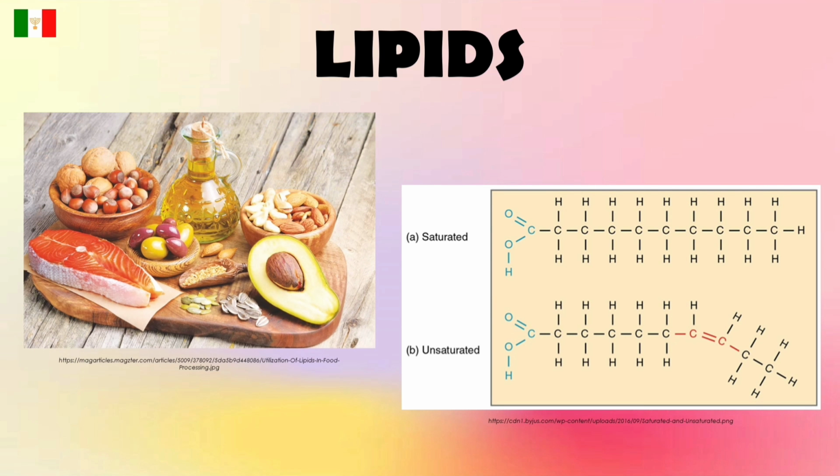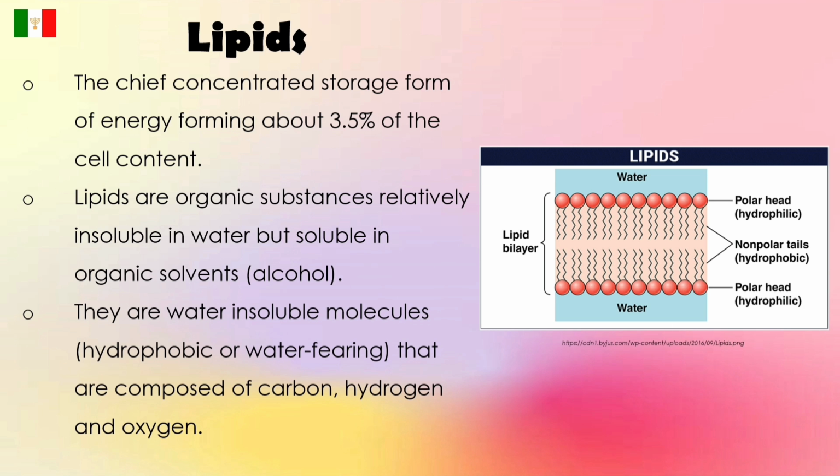Next is lipids. Lipids are the chief concentrated storage form of energy, forming about 3.5% of the cell content. Lipids are also found in hormones and cell membrane components.